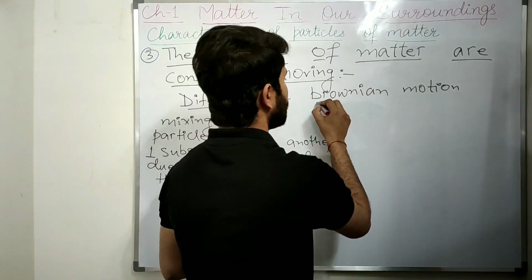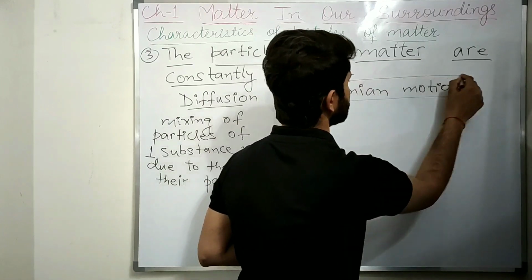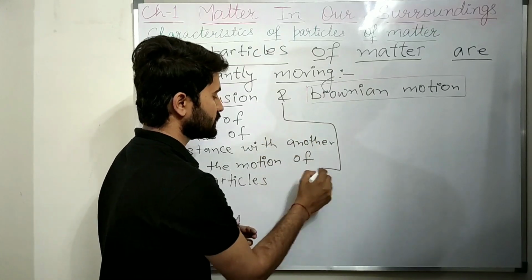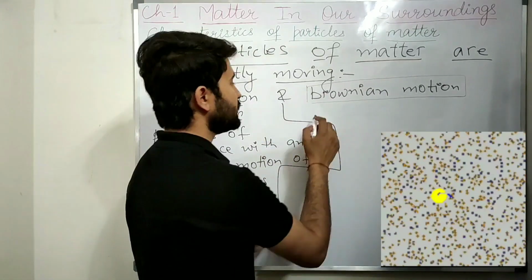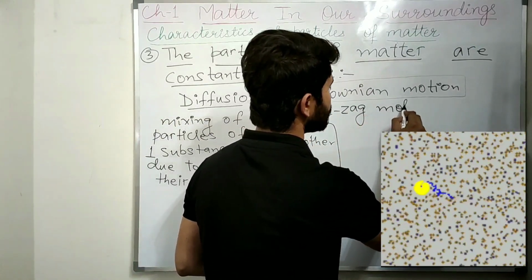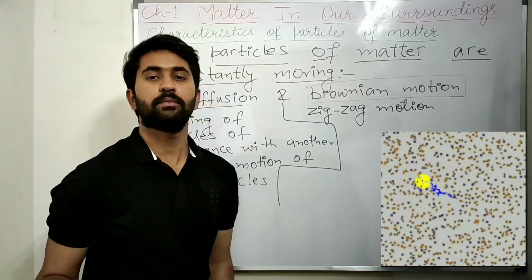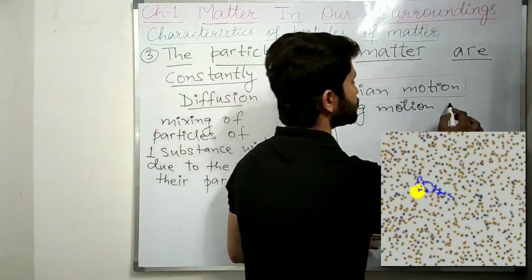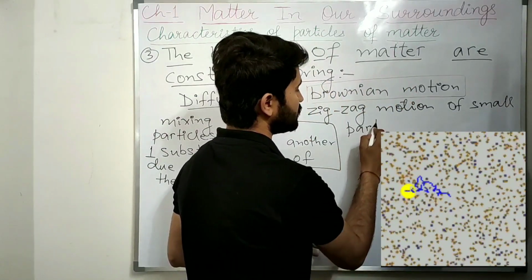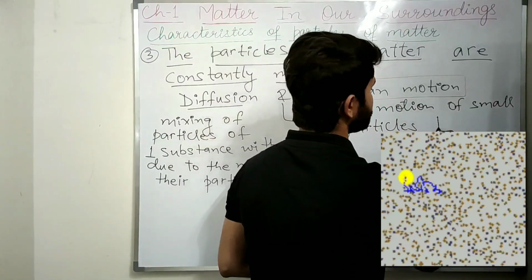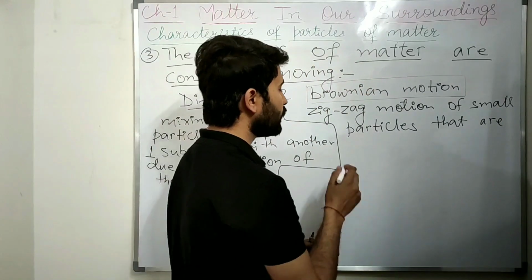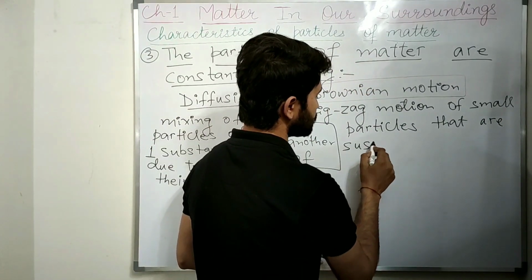Next is Brownian motion. Brownian motion means the zigzag motion of small particles that are suspended in liquids or gases.